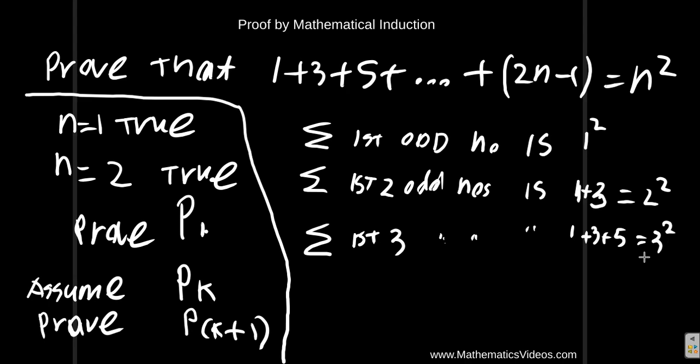So it seems to be working out so far. The first odd number is 1, 1 squared is 1. The first two odd numbers are 1 and 3. 3 and 1 is 4, and 2 squared is 4. The first 3 odd numbers are 1, 3, and 5. 1 plus 3 plus 5 is 9. And when you say 3 squared, you get 9.